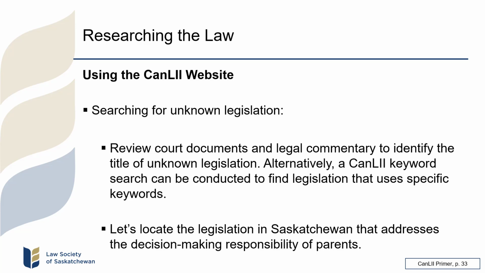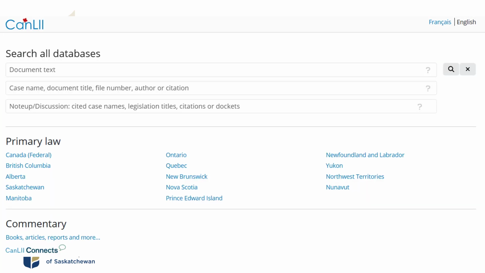Let's use Canly to identify the Saskatchewan legislation that addresses the decision-making responsibility of parents. For this search, we don't have a particular document in mind, and we'll use the keyword search box.